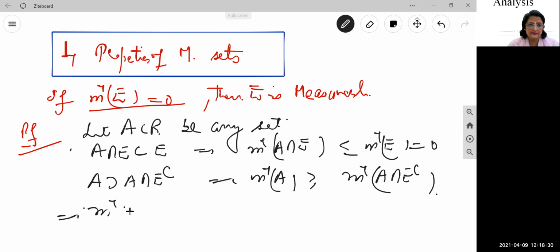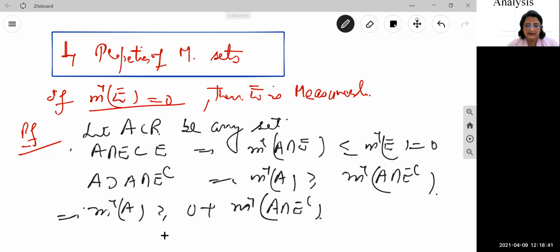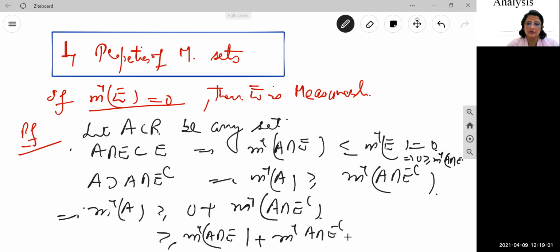So you can write it implies m star A. यहाँ पे कुछ नहीं है तो मैं यहाँ पे क्या लिख दूंगी? 0 plus m star A intersection E complement, right? And this is again greater than or equal to 0. 0 is यहाँ से आप लिख सकते हैं इस लाइन में, that is 0 is greater than or equal to m star A intersection E. तो यहाँ पे वही 0 की जगह पे क्या लगा देंगे, m star A intersection E plus m star A intersection E complement.